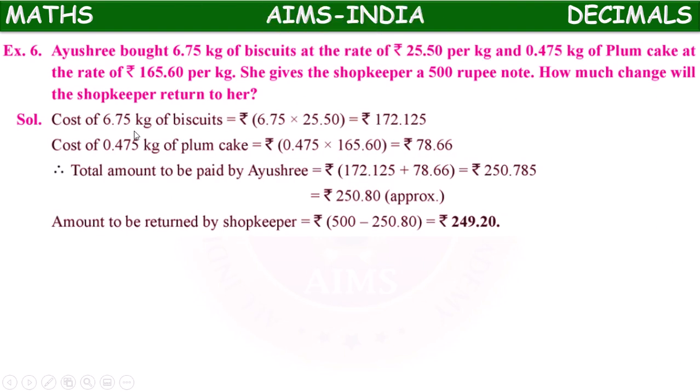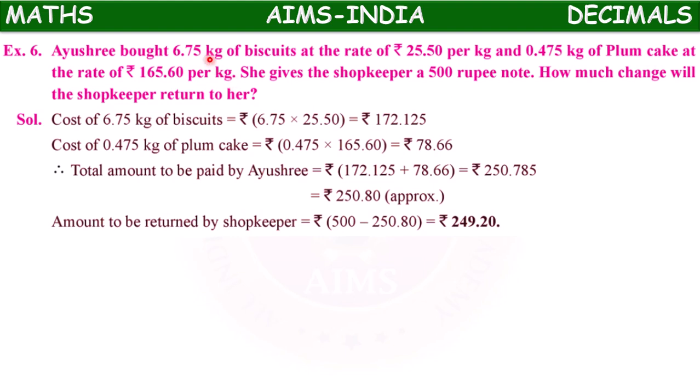Next. So Aishri bought 6.75 kg of biscuits at the rate of rupees 25.50 per kg. So she has bought 6.75 kgs of biscuits at 25 rupees 0.50 paise per kg, and 0.475 kg plum cake at the rate of rupees 165.60 per kg.